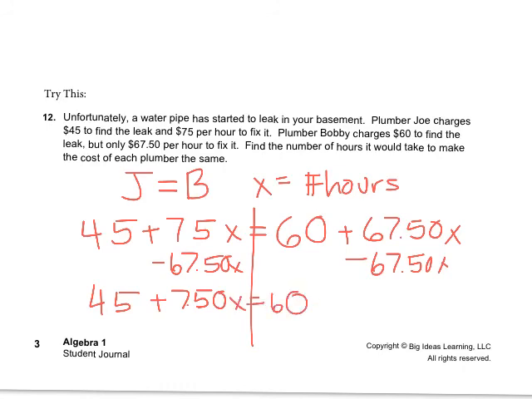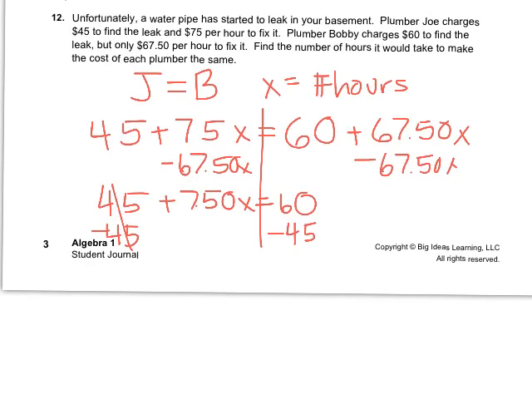Okay, I do a second opposite operation to bring the numbers to the same side. So subtract 45. So I have 7.50x equals 15. I divide by 7.50. And I end up with x equals 2 hours.